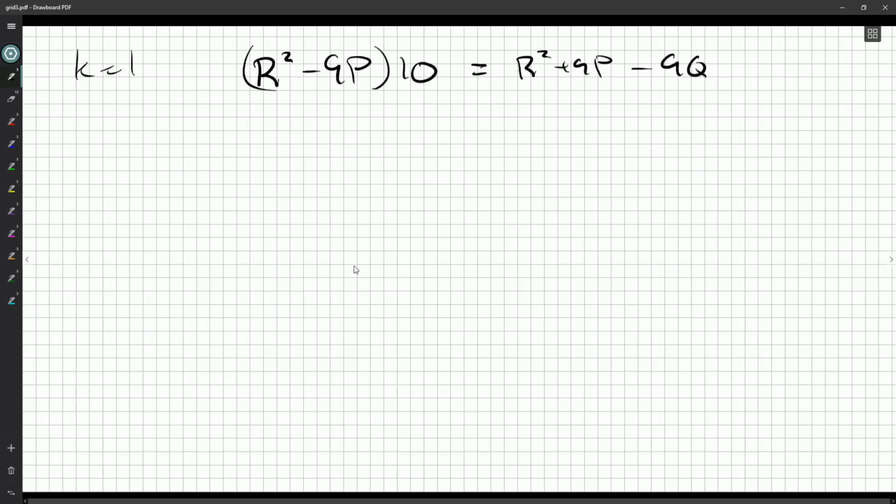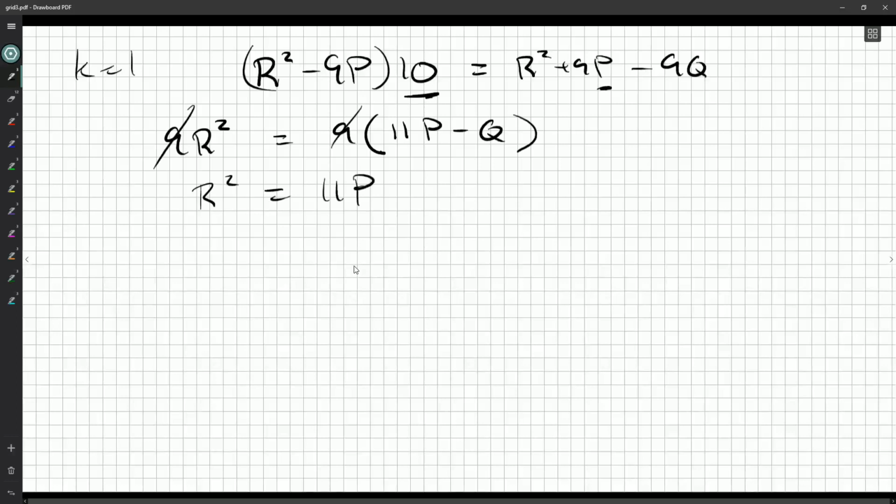I think we can do the same thing again, say 9r squared is equal to 9, and then we'll have 11p, 10 of them plus another 1, minus q. Divide by 9 on both sides, r squared needs to be equal to 11p minus q, and this is going to happen a lot more.